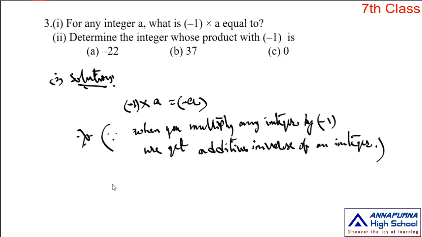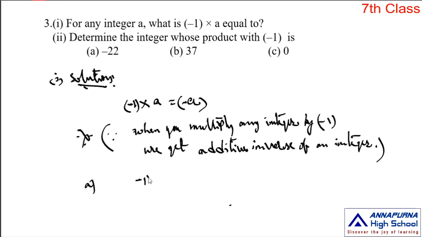Next, second bit: determine the integer whose product with minus 1 is minus 22. So here also, if you multiply any integer by minus 1, we get the additive inverse.